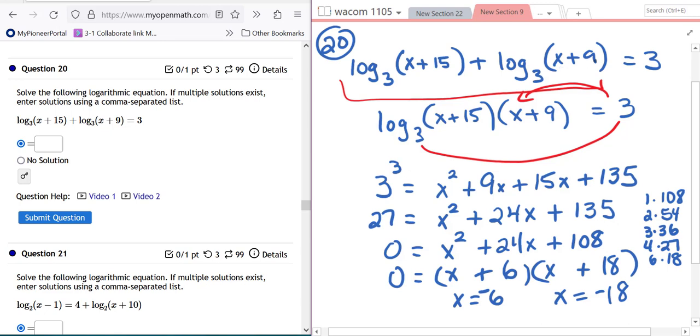Negative 6 plus 9 is okay because that's a positive 3. So this one checks. The negative 18 is not going to check though. Negative 18 plus 15, that's a negative. You're done with the checking. This one does not work. It is not in your domain. So your answer is negative 6.